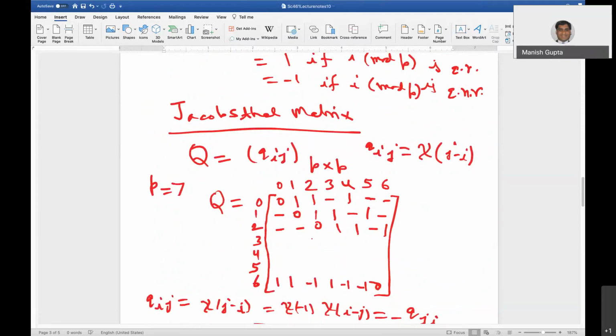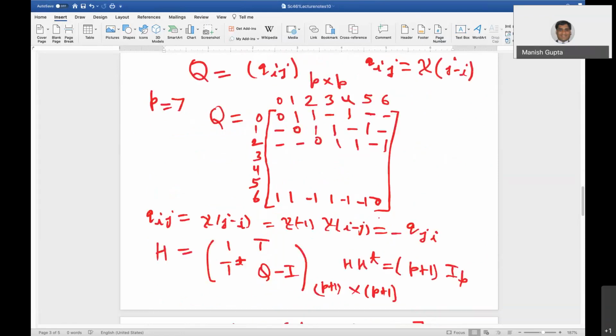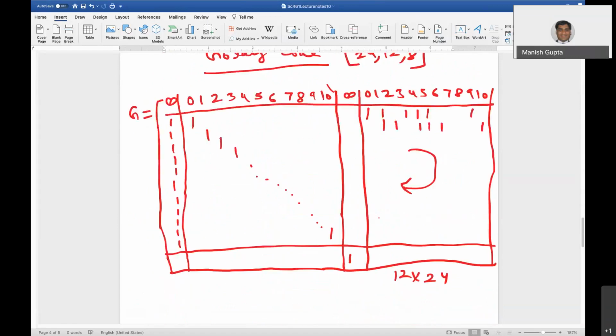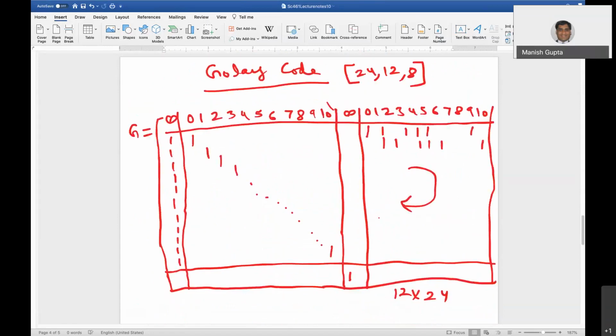Then there is a shift: minus 1, 0, 1, 1, minus 1, 1, minus 1, right? So these rows are cyclic shifts. Okay. So this is how we construct the matrix. Whenever there is a quadratic residue, we put 1 and otherwise 0. And at the place of 0, we are going to put 1.